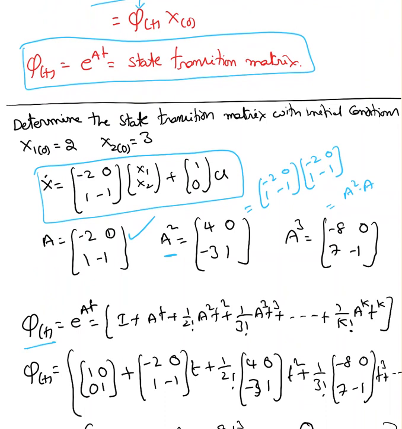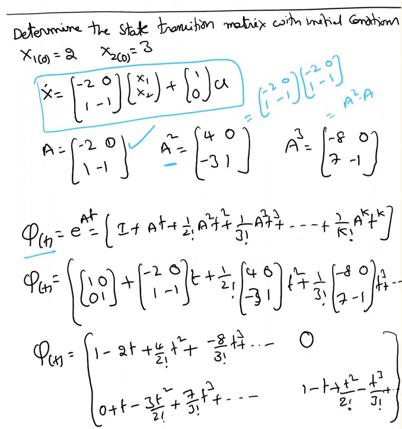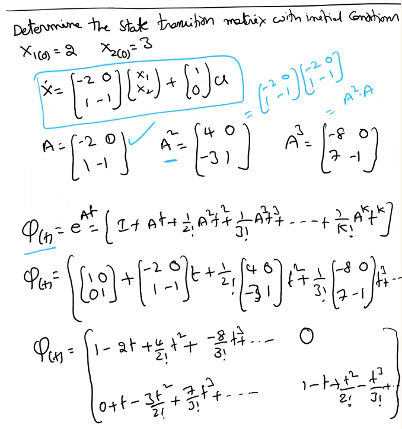So phi of t equal to e to the power of At, which is equal to I plus At plus 1 over 2 factorial A square t square plus 1 over 3 factorial A cube t cube plus etc. Now I substituted the values of I, A square, A cube and so on. Now I'm going to separate the individual terms.